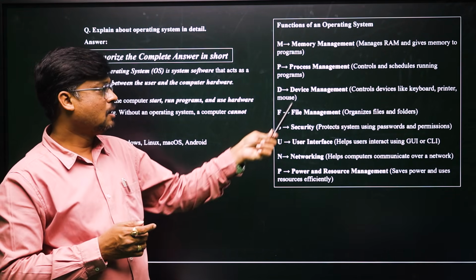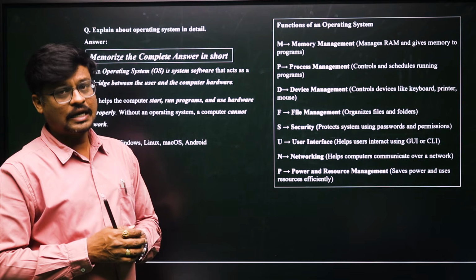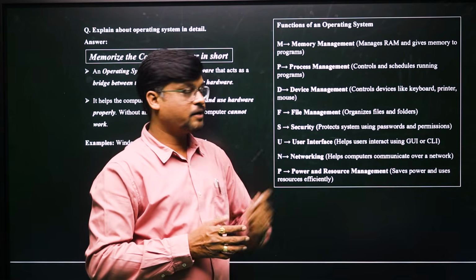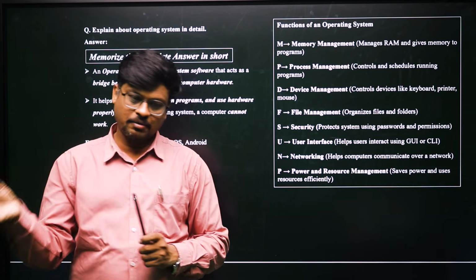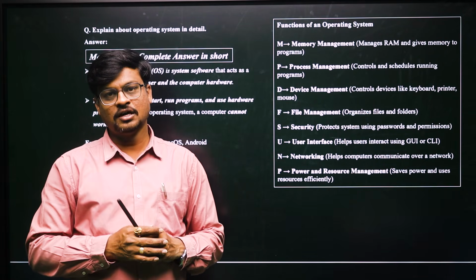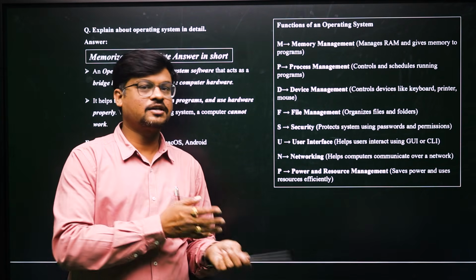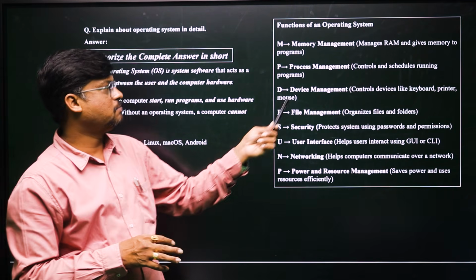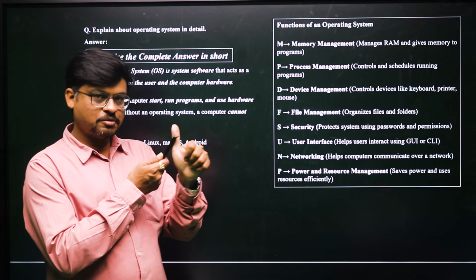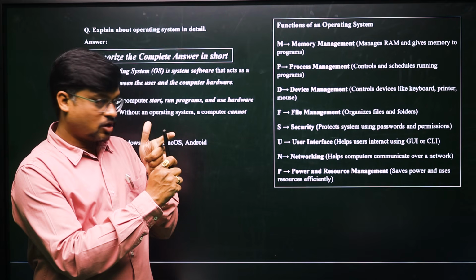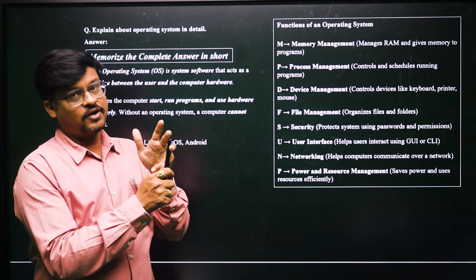We also have device management, which controls the devices like keyboard, printer, mouse, and decides which program can access which input and output device, and which program can access the networking resource. Everything is decided by your operating system only. Okay, see, it manages memory, process, devices, files.